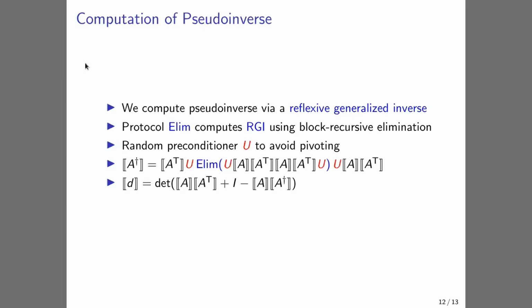Of course, the randomization can be undone after the protocol is concluded. And then to actually compute the pseudo-inverse, all you would have to do is simply evaluate the formula that is displayed here, which you can again do with just the elementary operations.